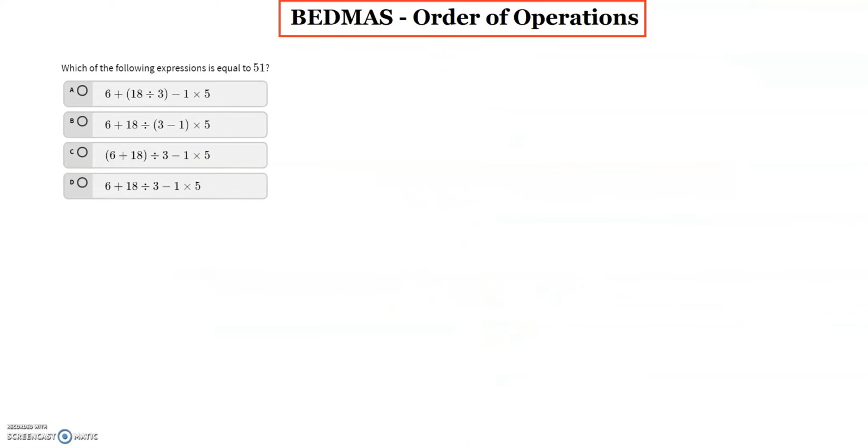The third question in the MPT was, which of the following expressions is equal to 51? So we will be solving options A, B, C, and D separately and see if the answer is equal to 51. So let's just write option A, which is 6 plus 18 divided by 3 minus 1 times 5.